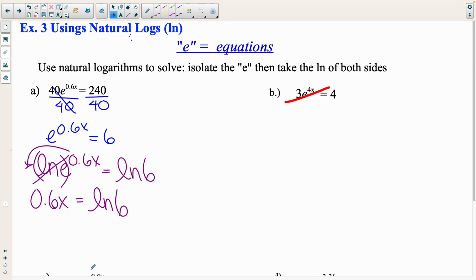And now, final step, it's just to divide both sides by 0.6. So our exact answer is ln of 6 divided by 0.6. And then let's put that on our calculator.